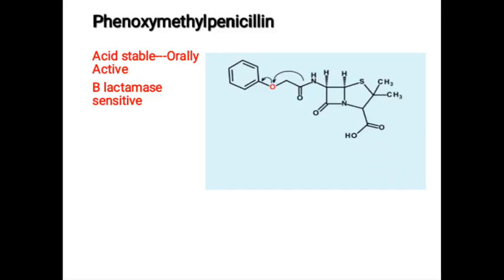So number one, there has been an introduction of an electron withdrawing group, which is a phenoxy group, which withdraws electrons, decreasing electron density at the carbonyl carbon, making the drug orally active. Now, it is beta-lactamase sensitive, which means nothing has been done to the ring. We still have a problem to sort out.